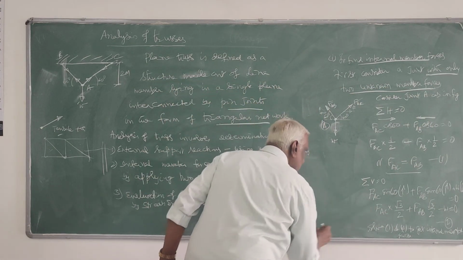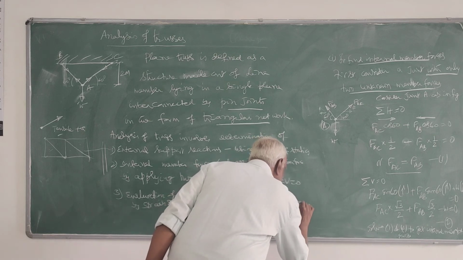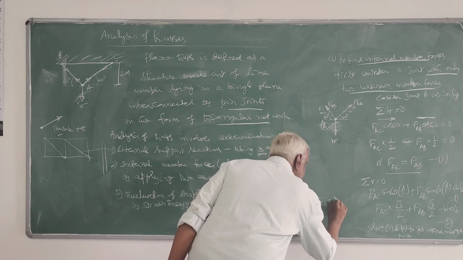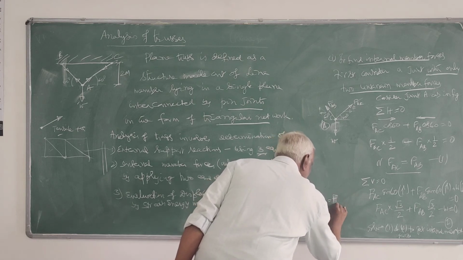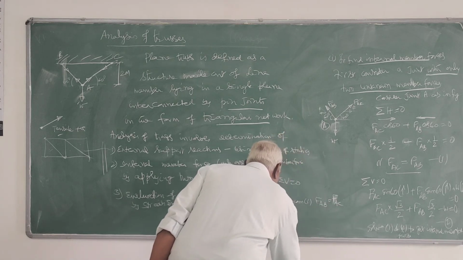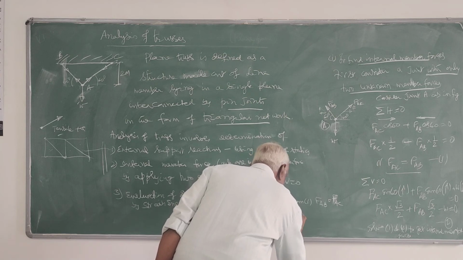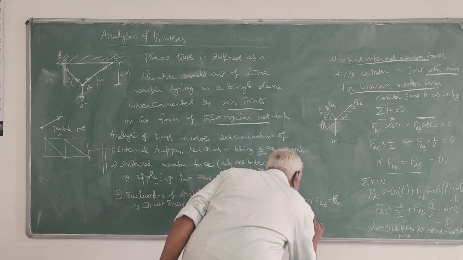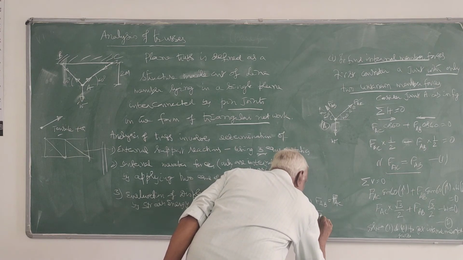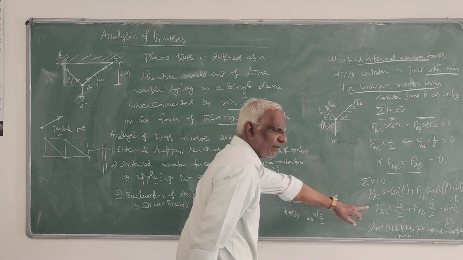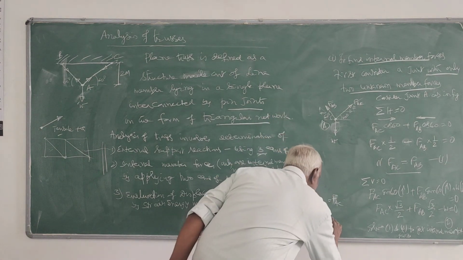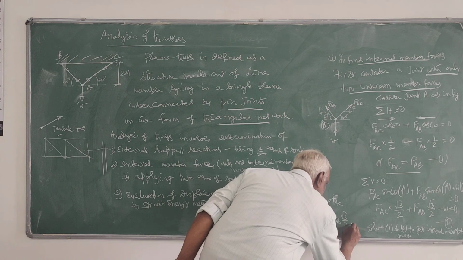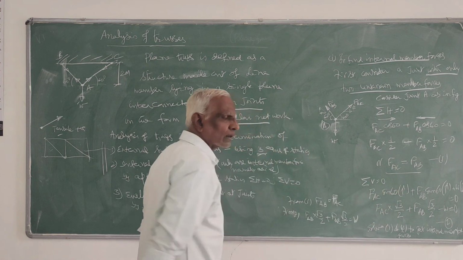So from one, FAB equals FAC. Therefore, from 2, for FAC I will put FAB itself, root 3 by 2, because FAC is equal to FAB.